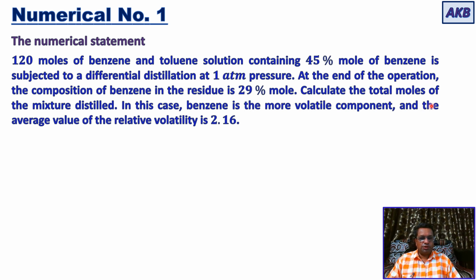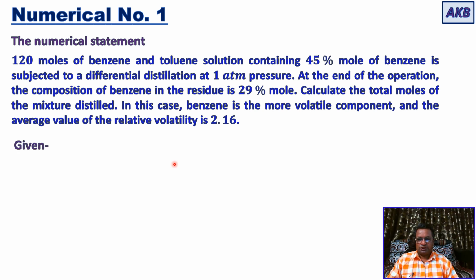Calculate the total moles of the mixture distilled. In this case, benzene is the more volatile component, that is, out of benzene and toluene, benzene has less boiling point and more vapor pressure, so that's why benzene is the more volatile component, and average value of the relative volatility is given for the solution, it is 2.16. Okay, so let us continue.